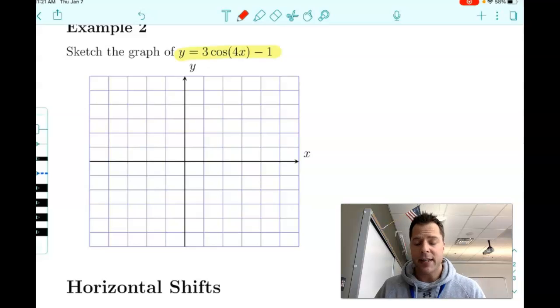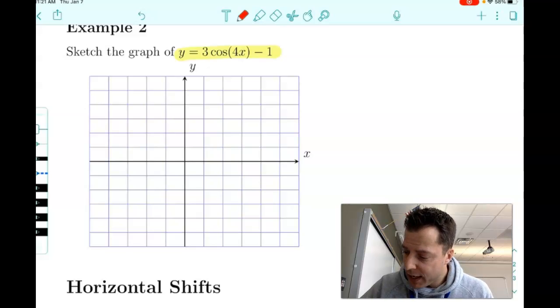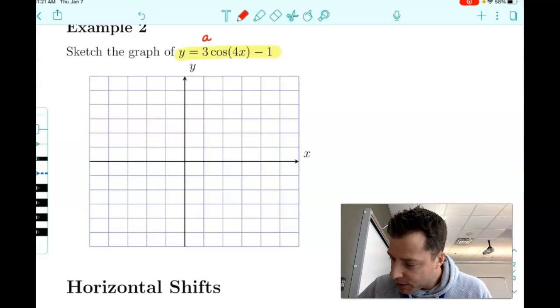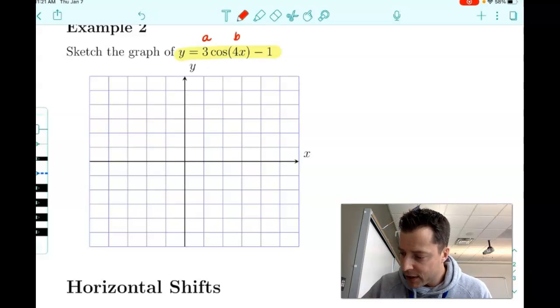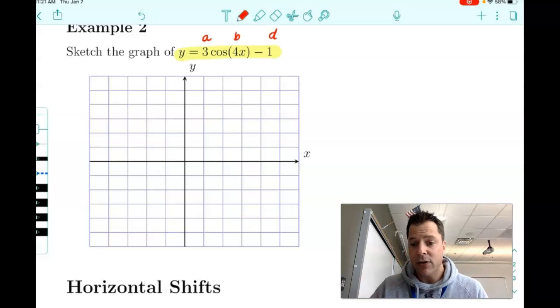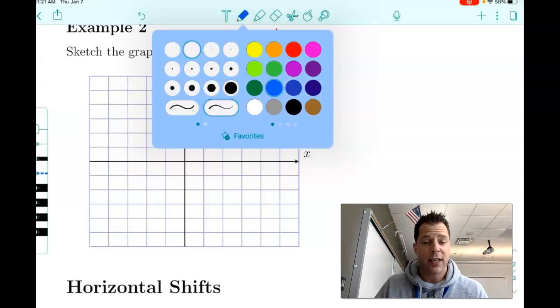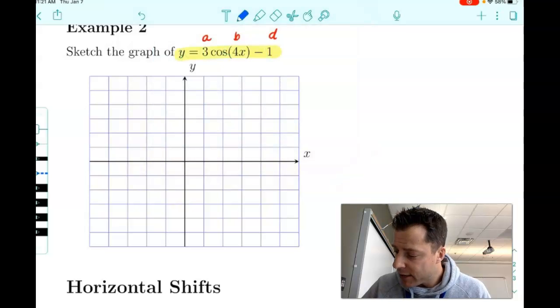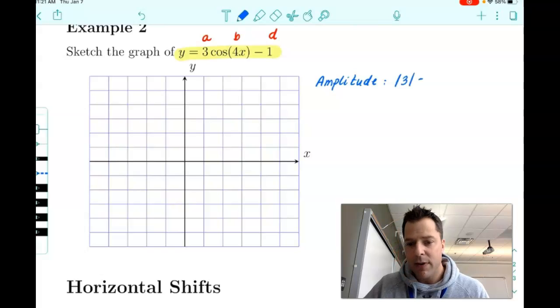First, you want to identify the key values here. So here's my A value with 3, here's my B value, and here is my D value. The D value is what we're talking about in this video. I always identify the amplitude first. If the D value is 0, the amplitude will actually be your maximum and minimum values, but that's not the case here.